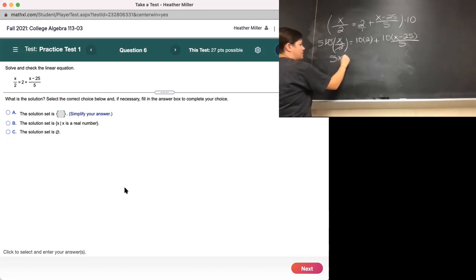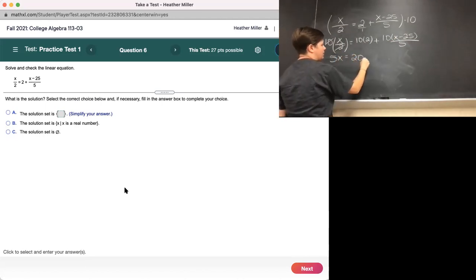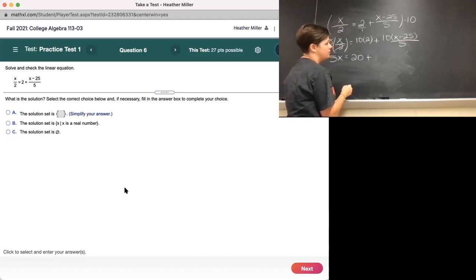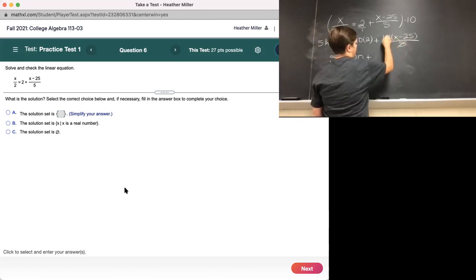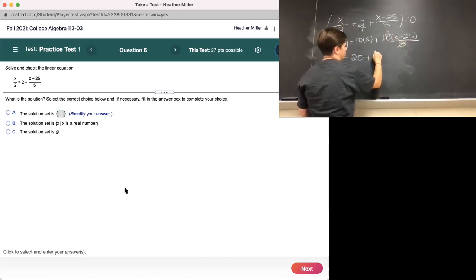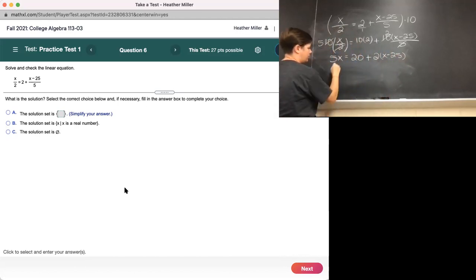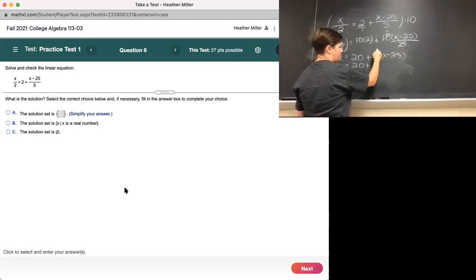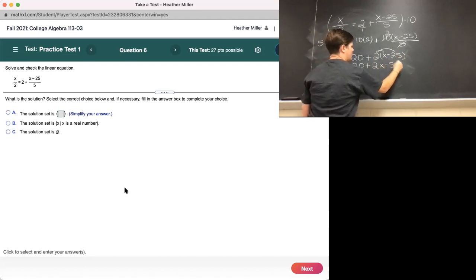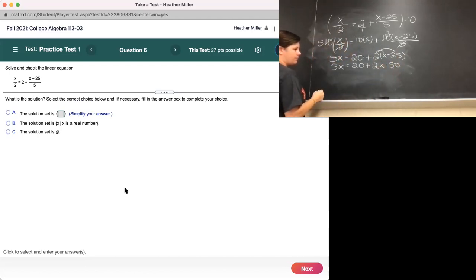So that's 5x equals 20 plus, that 5 is going to go away, and that 10 is going to reduce down to 2. So it'll be 2 times (x minus 25). 5x equals 20 plus, I'm distributing my 2 in, 2x minus 50.